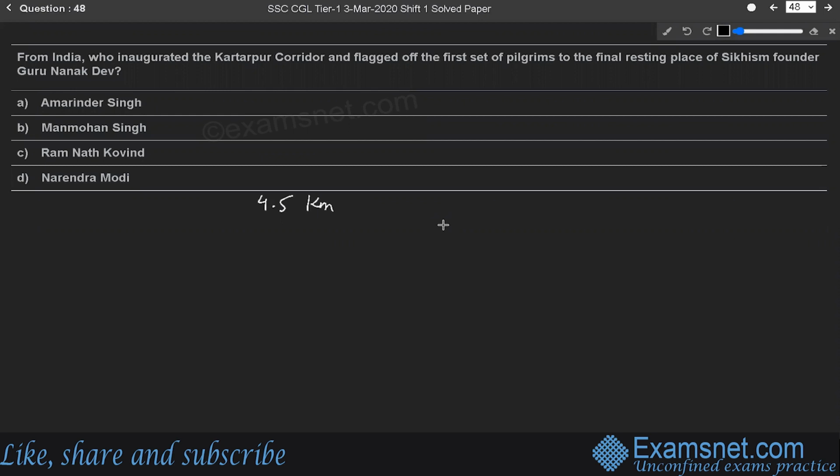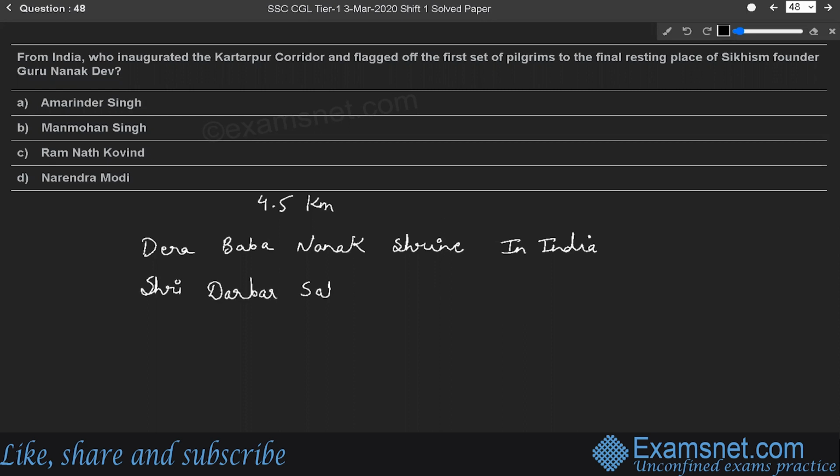So the corridor connects Dera Baba Nanak Shrine in India with Sri Darbar Sahib Kartarpur in Pakistan.